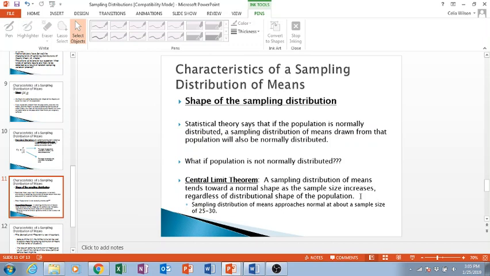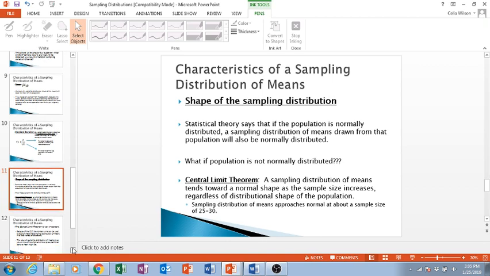And so if you've completed one of the assignments using the virtual stats lab, you've had an opportunity to kind of see this in play or in practice, or in a simulation, I should say. Regardless of what that parent population looks like, if you sample enough times from it, your sampling distribution of means will take on the characteristics of a normal distribution. Okay.